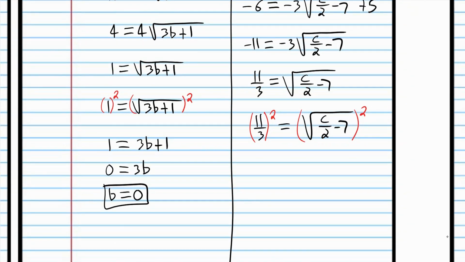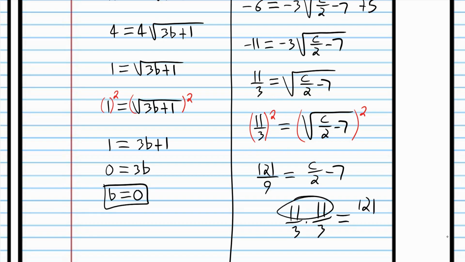And 11 times 11 is 121. 3 times 3 is 9. And the square root symbol just goes away. So what this means is you're multiplying 11 thirds by 11 thirds. And when you multiply fractions, you just multiply the numerators and you multiply the denominators to get 9.